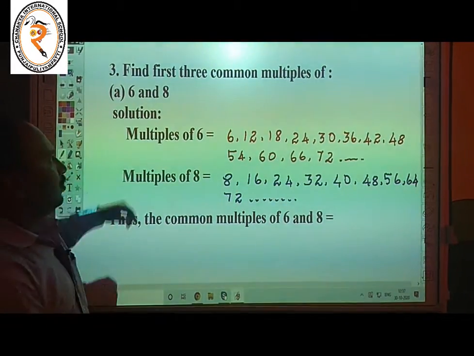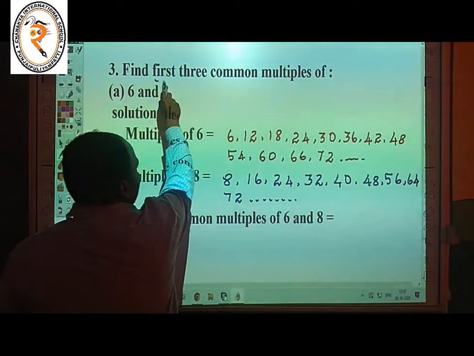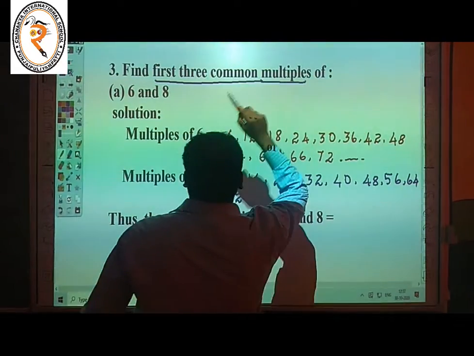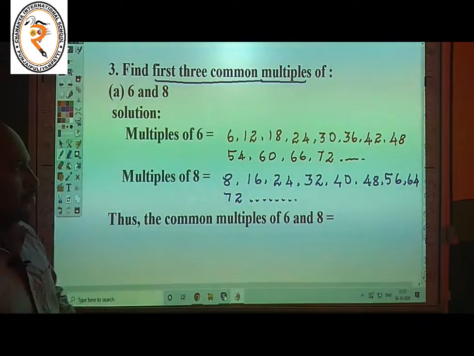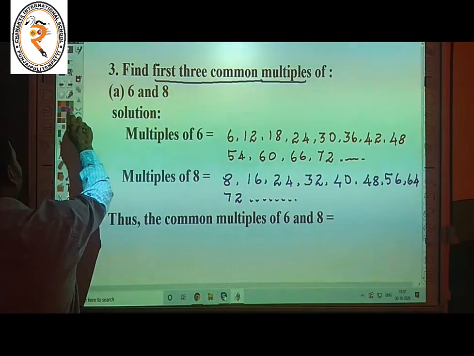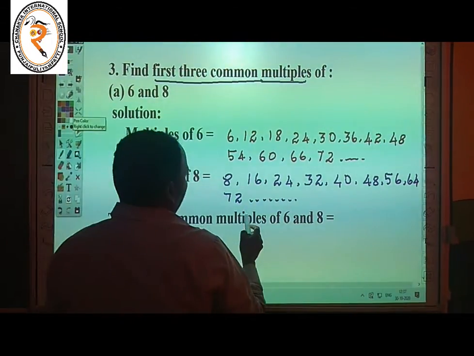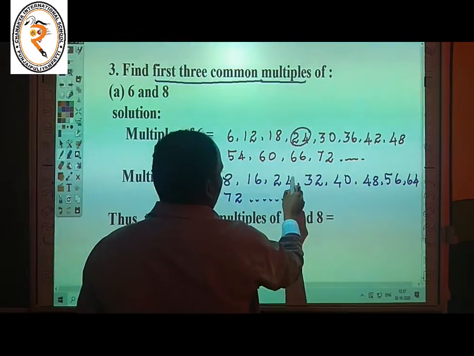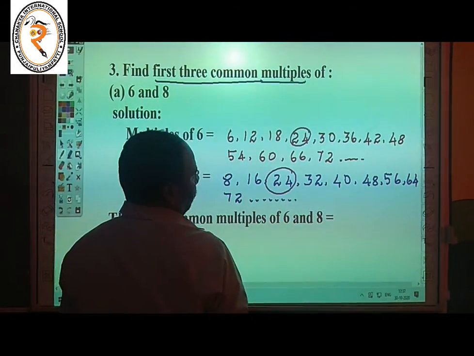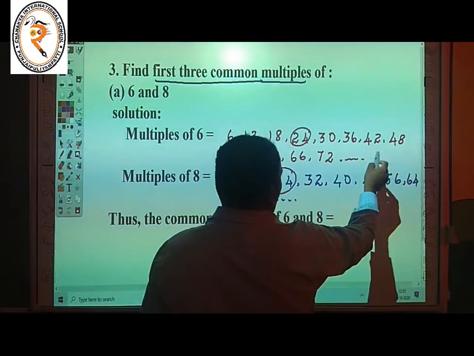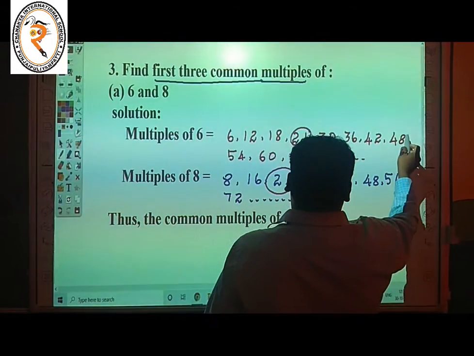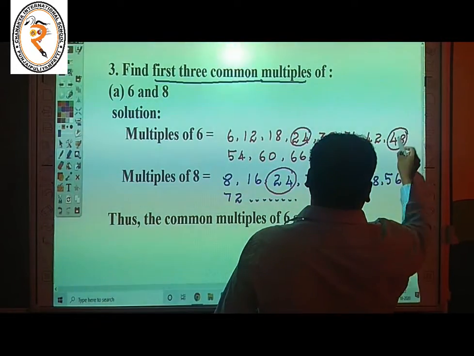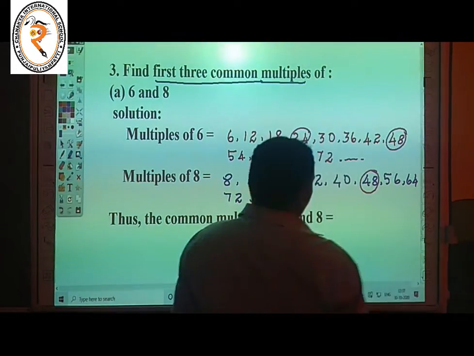But we want to find first 3 common multiples. Here the common number is 24. Here also 24. And the next one 48, 48.